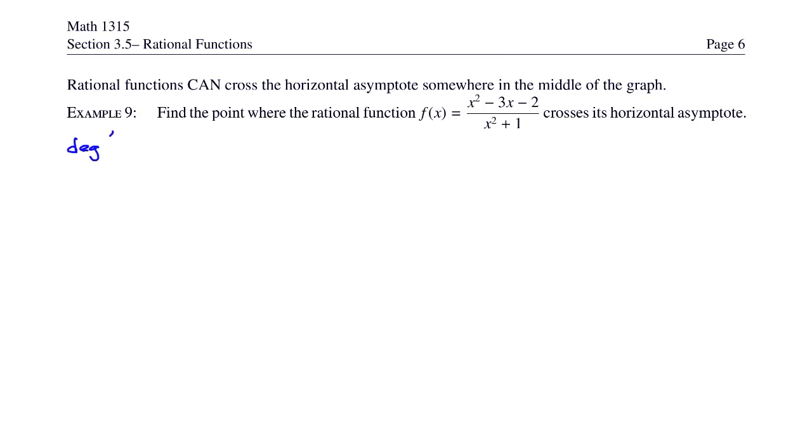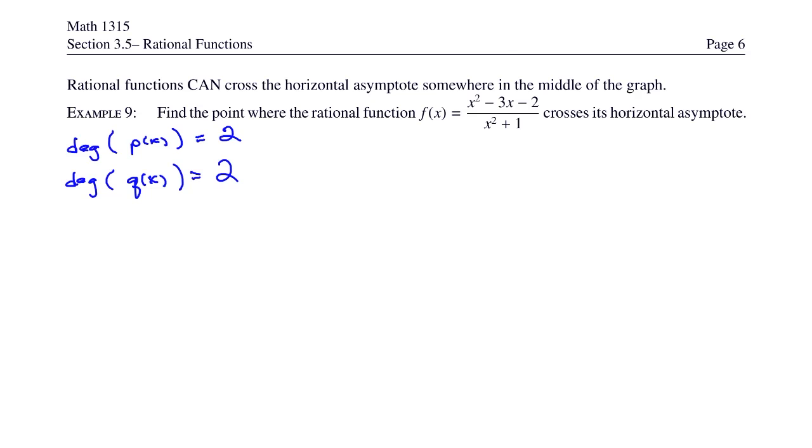So first off, we need to identify what the horizontal asymptote is. We'll look at the degree of the numerator, and that's 2 because it's a quadratic on top. The denominator's degree is also 2 because it's a quadratic on the bottom.